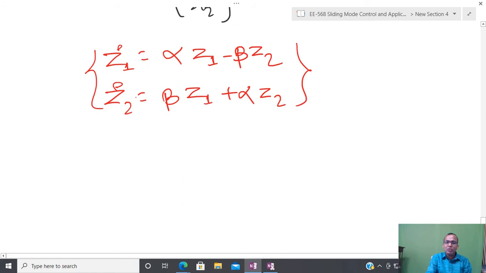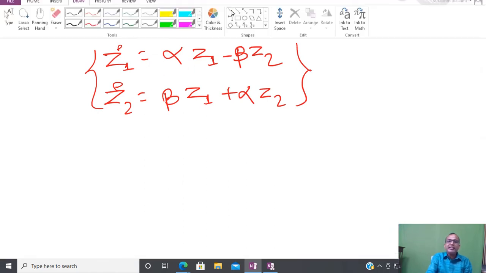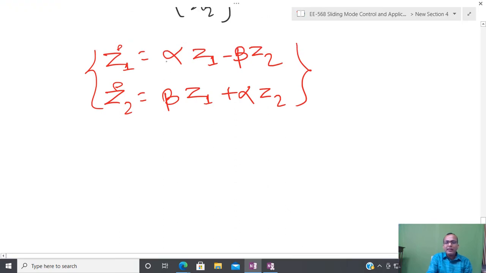After transformation I still have coupling between Z1 and Z2, so I am going to convert this system into an equivalent system that reduces it to one dimension, and for that I am going to use polar coordinates.